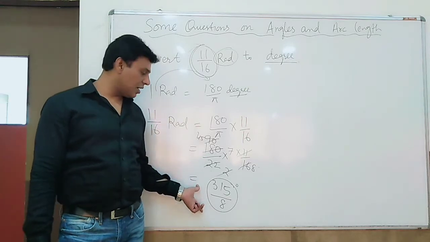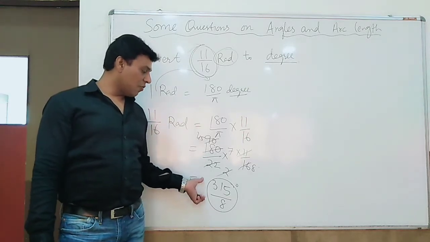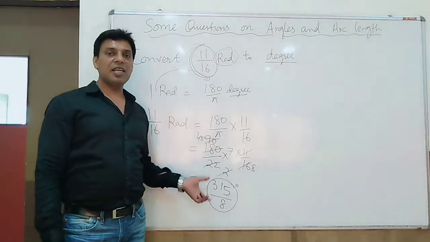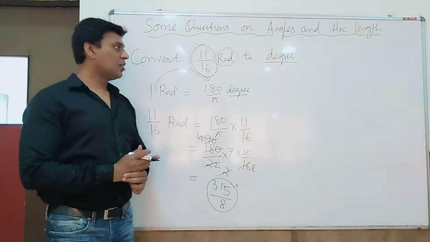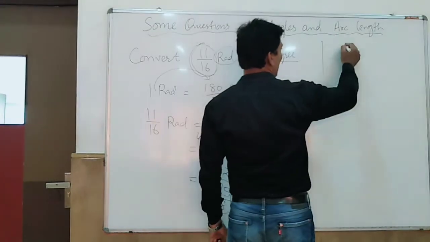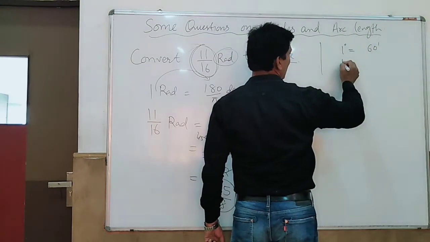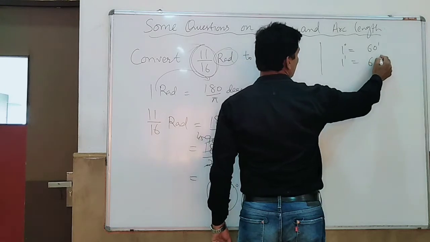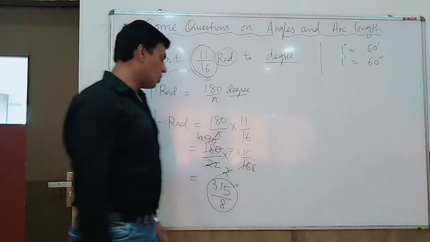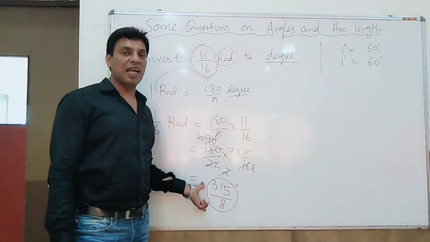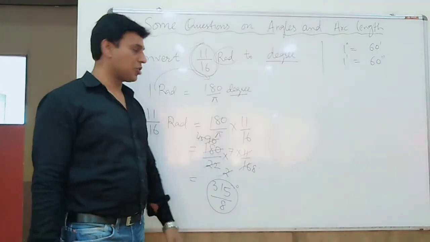It is easy till here, but now we have to write this degree into the smaller portion. 1 degree has 60 minutes and 1 minute has 60 seconds. So we need to write this angle into the smaller portion.